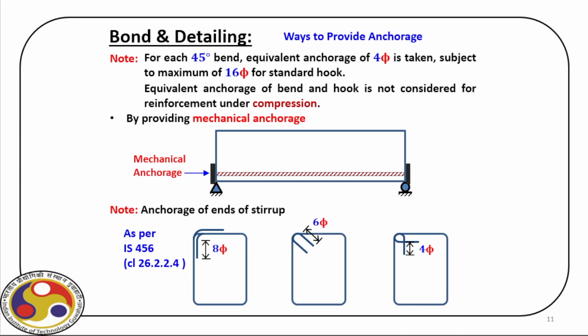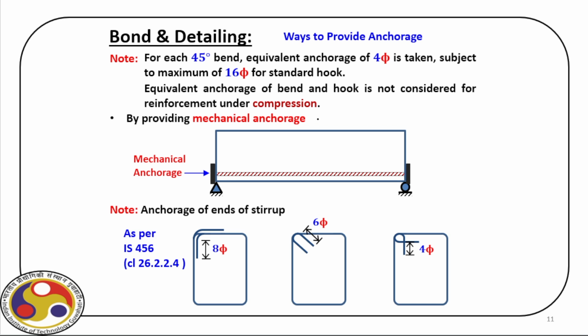The point to be noted here is that for each 45 degree bend, equivalent anchorage of 4 phi is taken, subject to a maximum of 16 phi for a standard hook, right? Equivalent anchorage of bend and hook is not considered for reinforcement under compression. Okay, so these are all about anchorage.